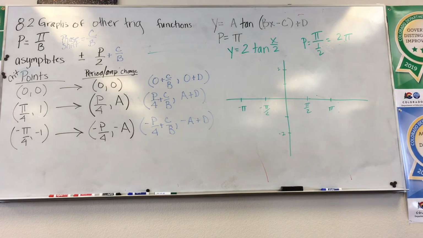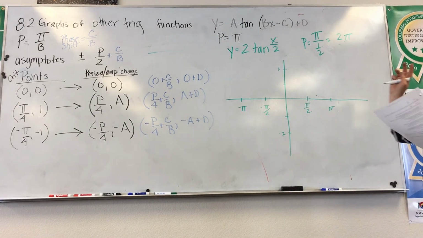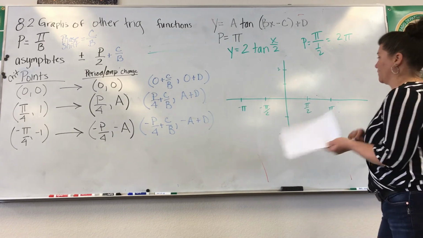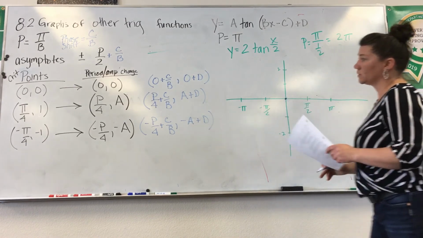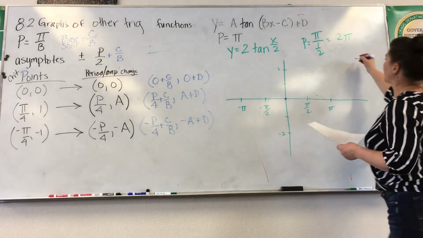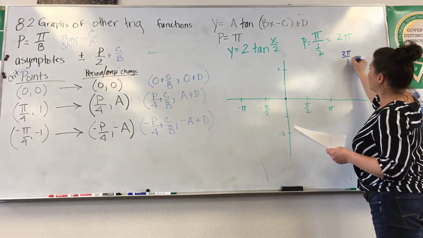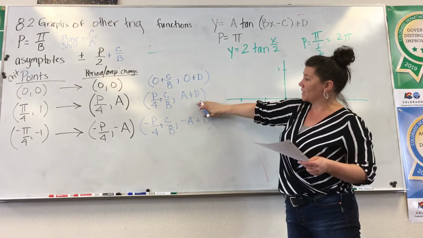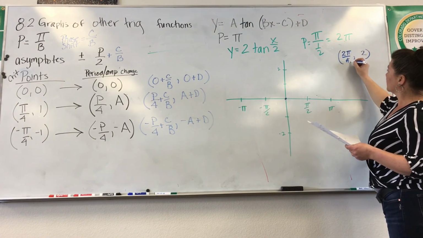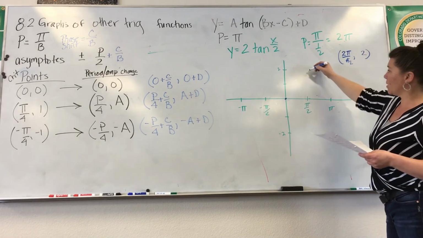So now I can start to find my points. 0, 0: I don't have a phase shift or a vertical shift, so I'm still going to have 0, 0 as a point on this graph. Then the period 2 pi divided by 4 goes with the positive amplitude, so that's pi halves and 2.